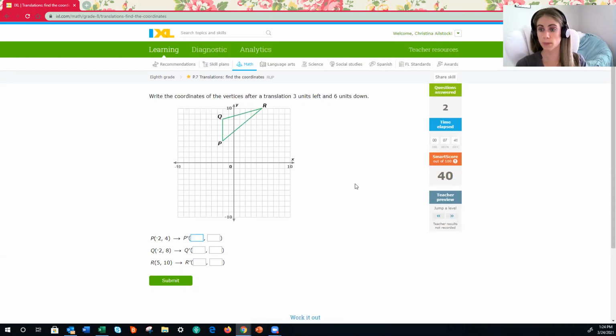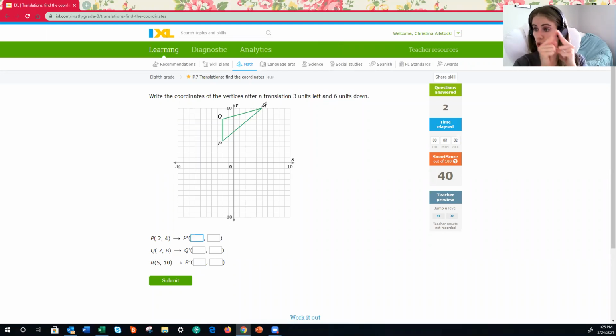Therefore, in this problem, I'm going to show you how to do it algebraically, which uses big fancy words, but I promise it's not that bad. Okay. Let's see how it's being translated. Write the coordinates of the vertices. That vocab word just means the points.